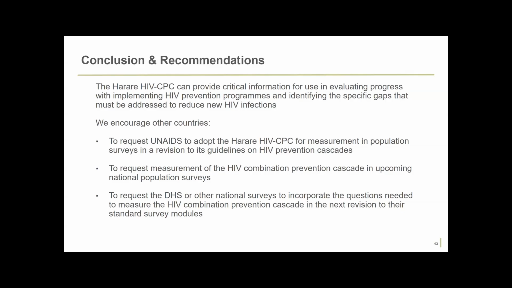You can ask different partners who support prevention. You can also incorporate this in DHS and other national surveys so that we measure our combination prevention programs, so that in the next revision of their standard survey modules, they also include such information. Let's move on.